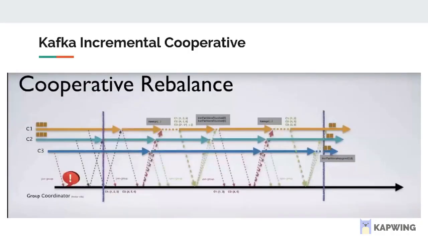So now we will learn how this new Kafka incremental cooperative protocol works and how it solves the stop the world problem. We'll take the same example where C1 and C2 are part of the group earlier and C3 joins new in this group, right? So initially the flow would be the same.